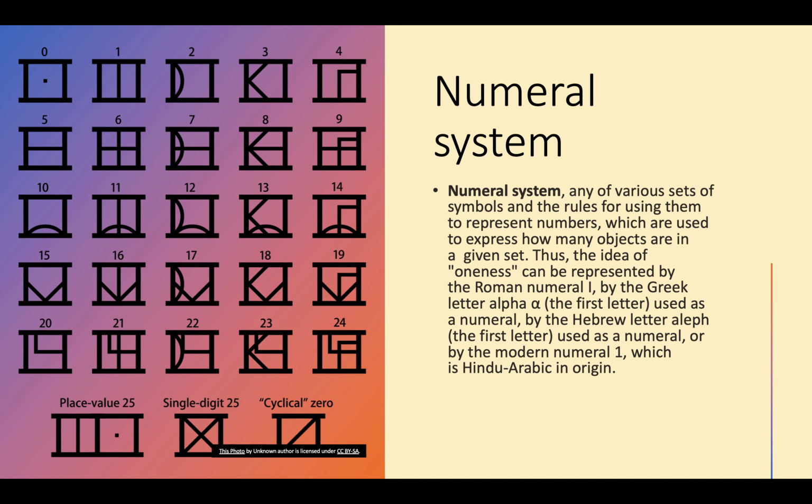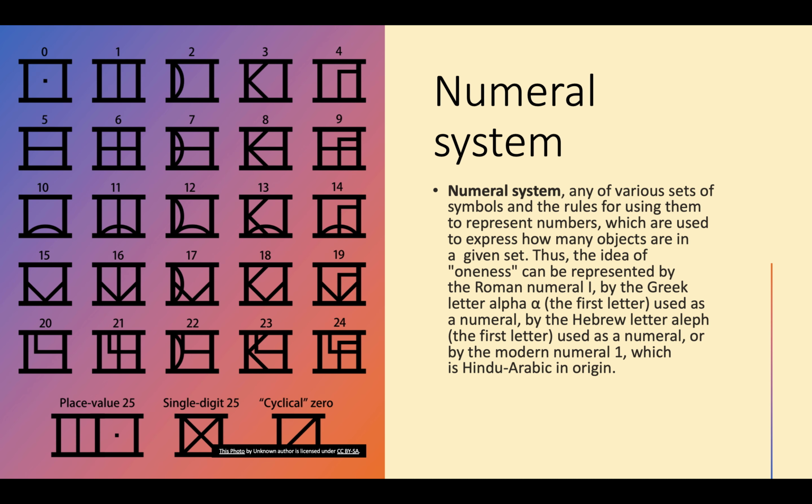Numeral system: any of various sets of symbols and the rules for using them to represent numbers, which are used to express how many objects are in a given set.